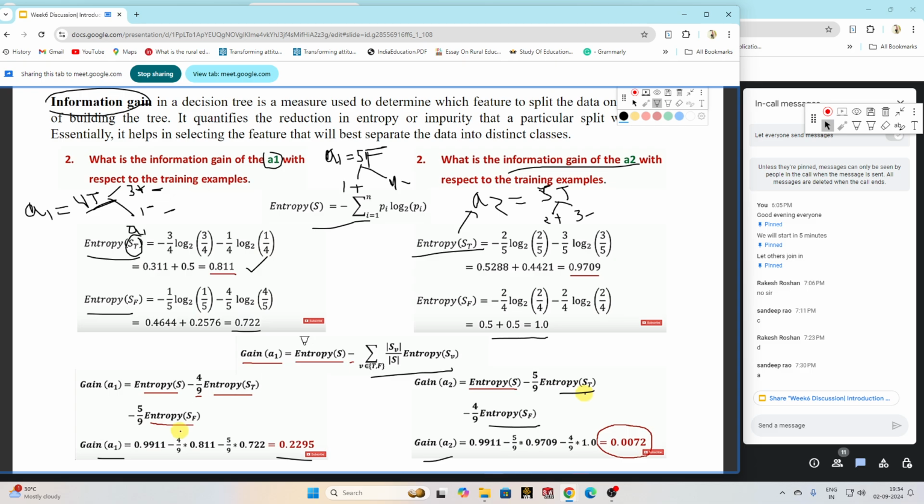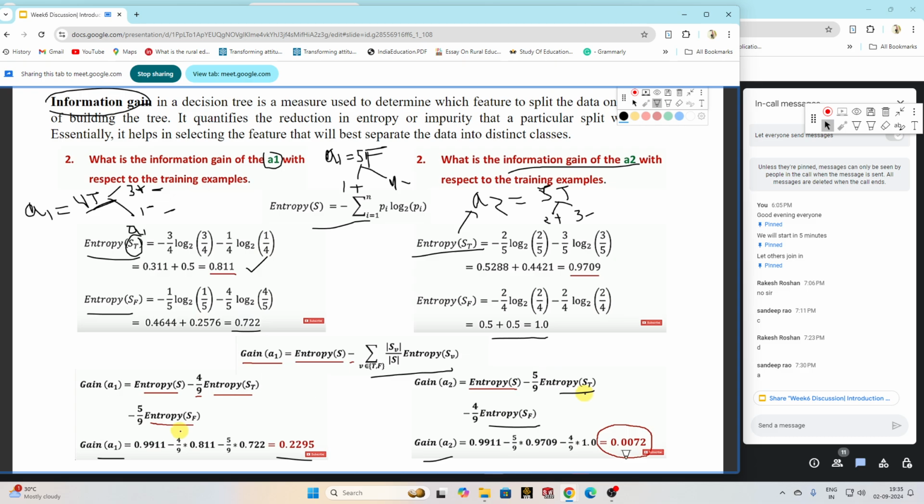If your entropy is fixed, the higher the cross entropy, the lesser the information gain, and the lower the cross entropy, the higher the information gain. The higher the information gain, the better the splitting attribute.